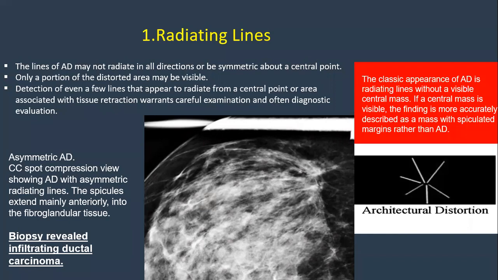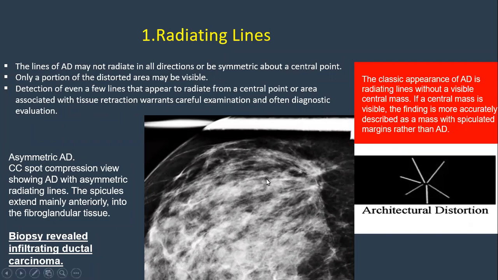You can see it in one direction, or in some and not others, and sometimes the image itself does not include the whole area of distortion. You may see only part of it, but if you see a subtle distortion, you have to take it seriously, clarify it and further evaluate it to make sure there is no underlying suspicious architectural distortion, which can represent breast malignancy.